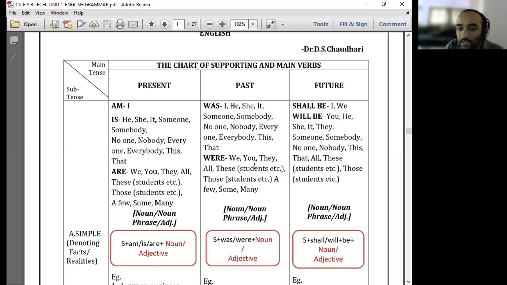Okay, we, you, they, all, these, those, a few, some, and many. So were is used after these subjects. Were हे कशानंतर येतं तर we, you, they, all, these, those, a few, some, or many. Okay, so noun or noun phrase or adjective phrase.